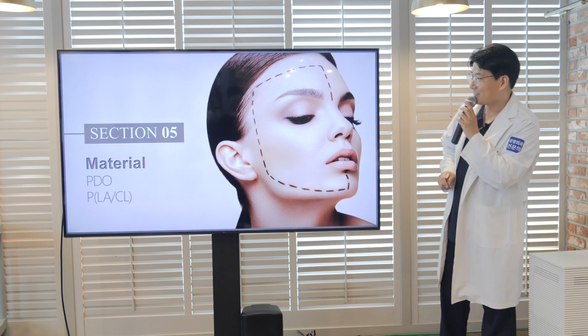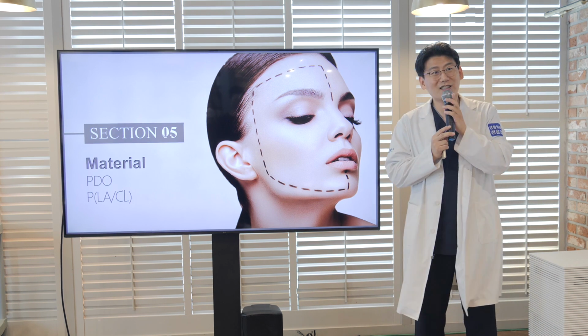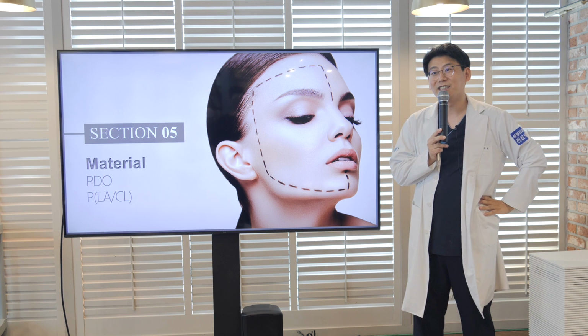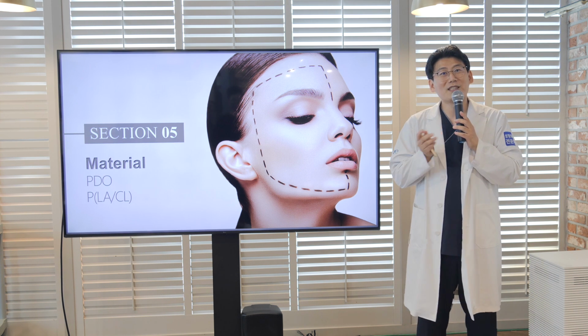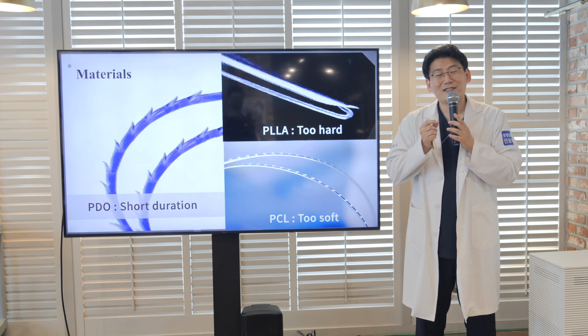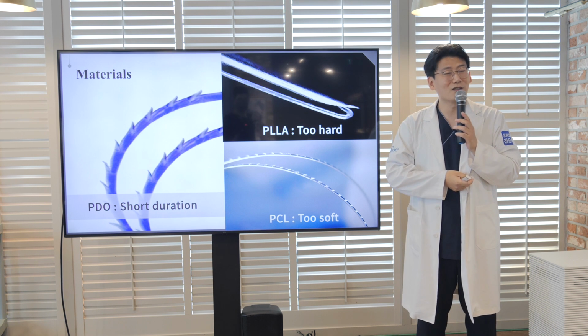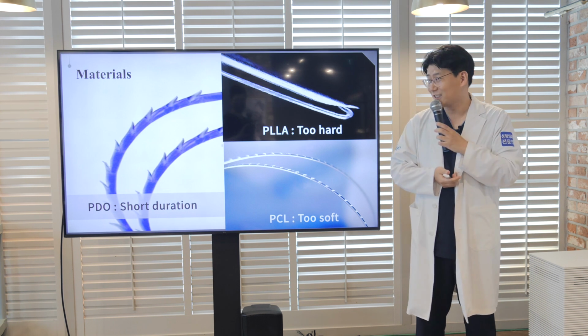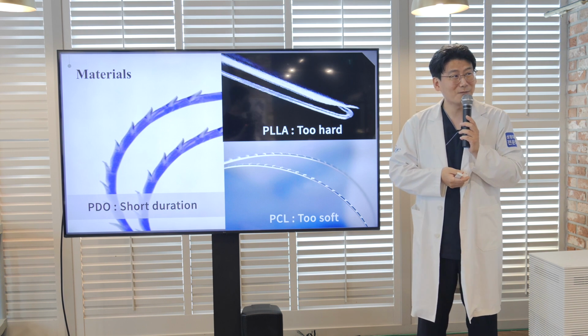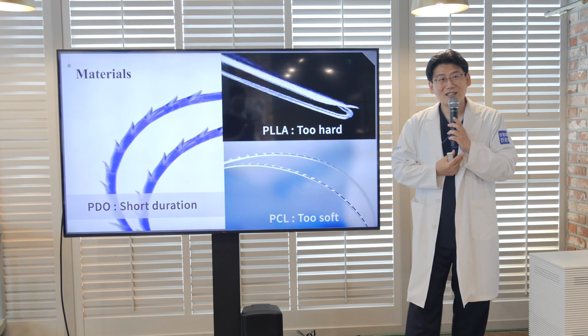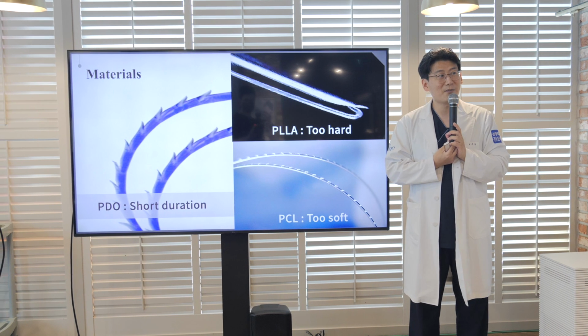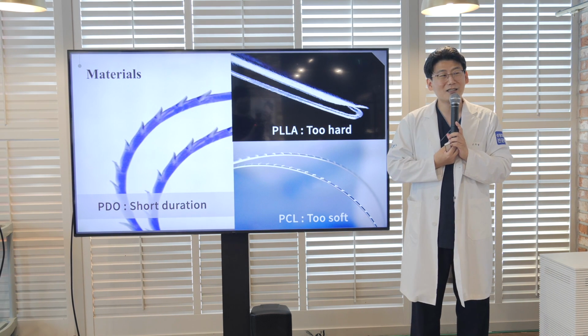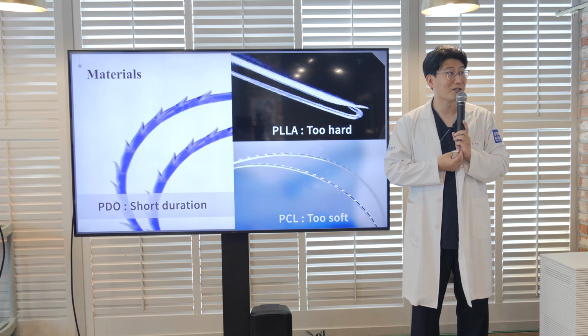Yeah. So let's move to the next topic, the materials. Do you know what the materials of lifting thread usually used in your clinic are? Yes, PDO, polydioxanone. Polydioxanone is highly biocompatible. It's also resistant to infection as well.